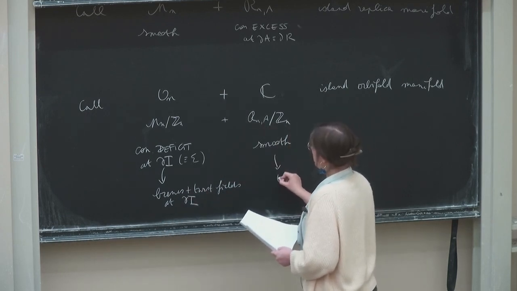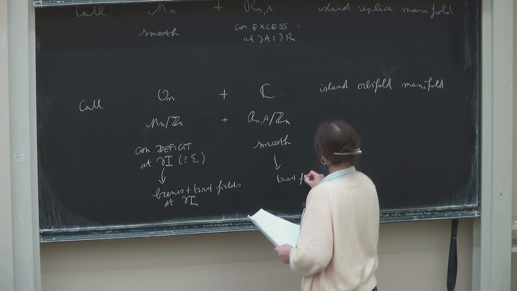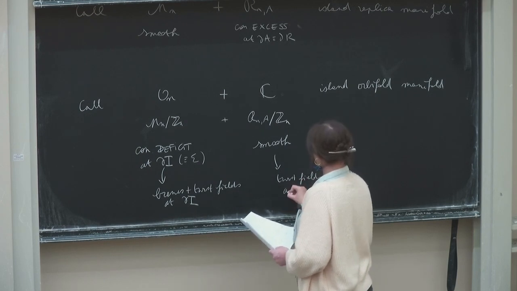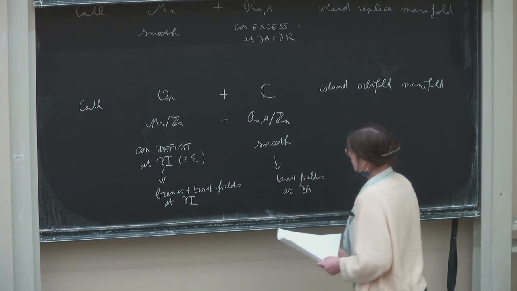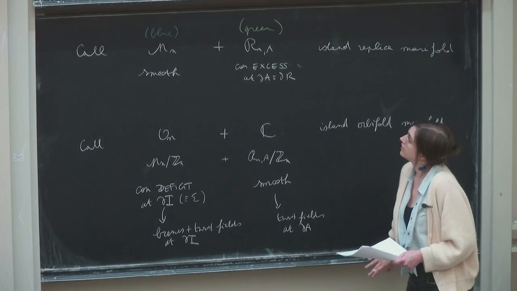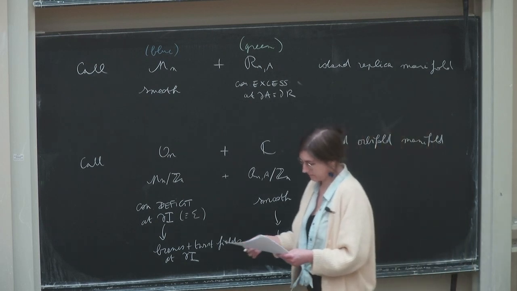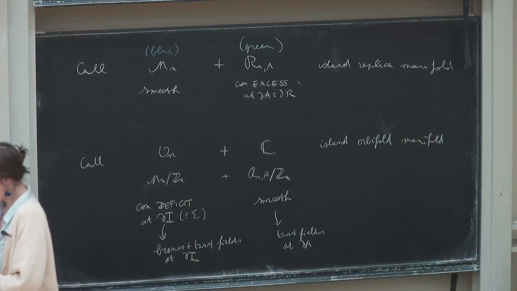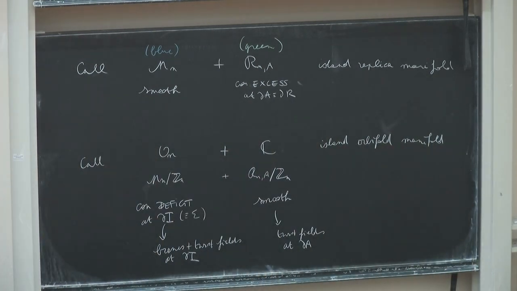And here is where we have twist fields at ∂A. Okay, so this concludes what I wanted to say about islands. So it's quite an amazing result. But this is also all I wanted to say about it.